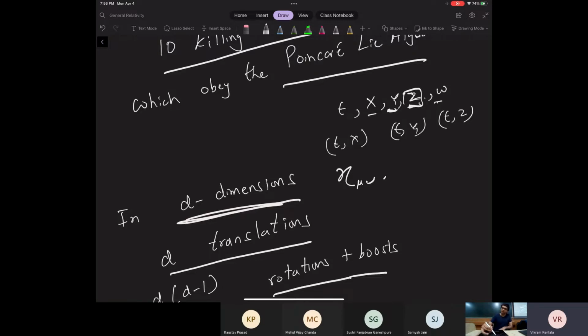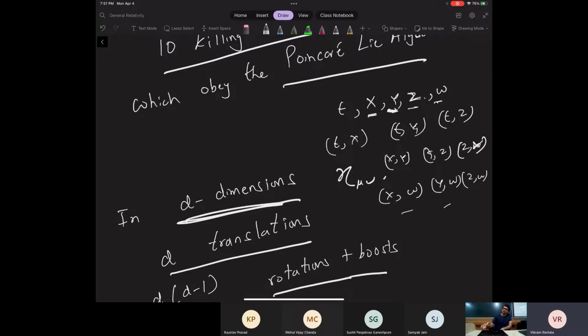So even in 3 or 4 dimensions, we should really think about rotations in a plane. Rotations are defined by choosing a pair of spatial coordinates: the xy plane, yz plane, zx plane, xw, yw, zw, and so on.